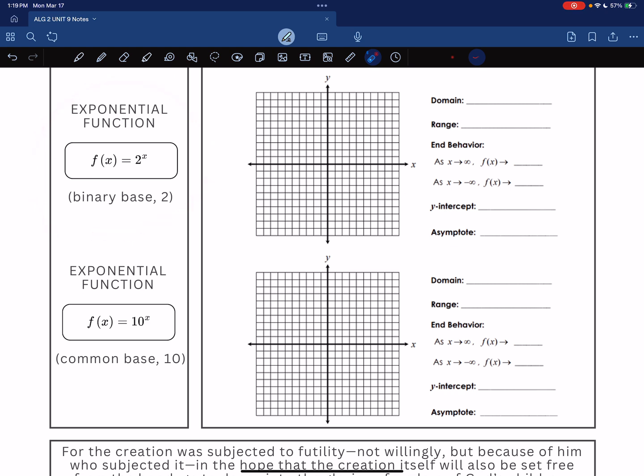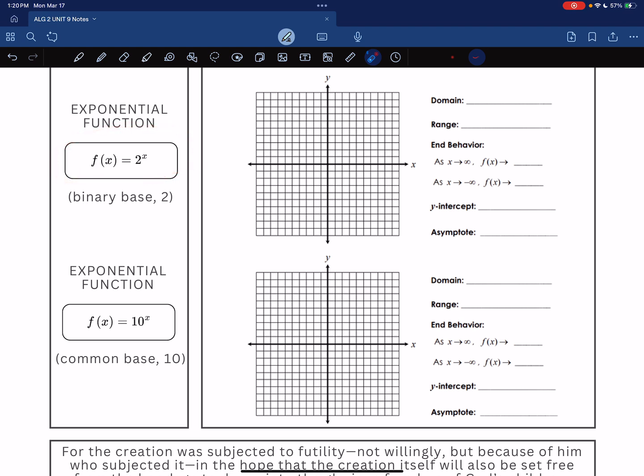It is sometimes referred to as the binary base exponential function because its base is 2. This ends up proving very useful, as we do often work in a binary system when we're dealing with computers and coding and working with zeros and ones. So it is very frequently seen, this exponential function with the binary base of 2.